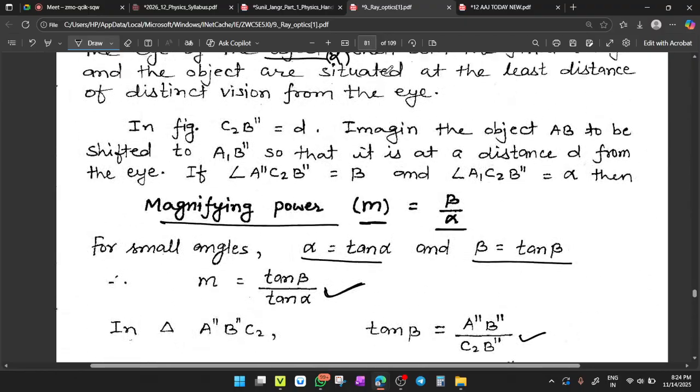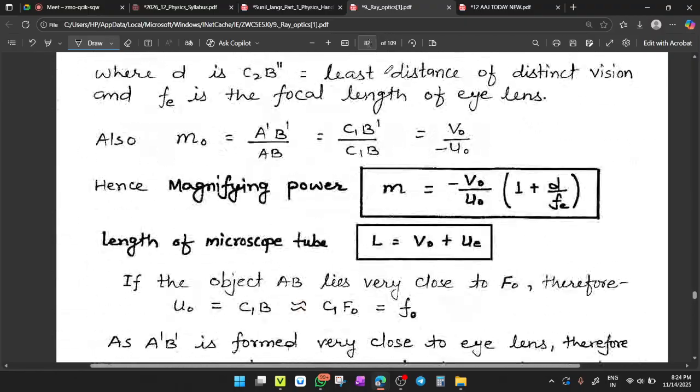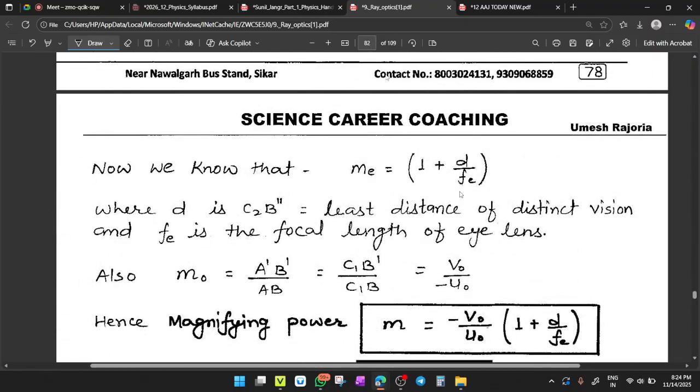Now we know we have the formula ME is equal to 1 plus D by FE. From where did it come? It came from magnification by the simple magnifying glass. Yes or no? ME is equal to 1 plus D by FE from the simple microscope.